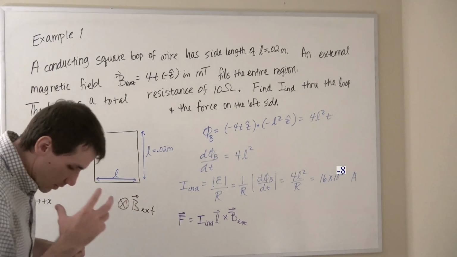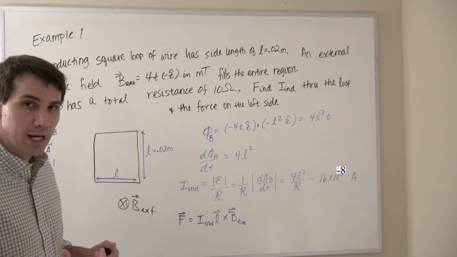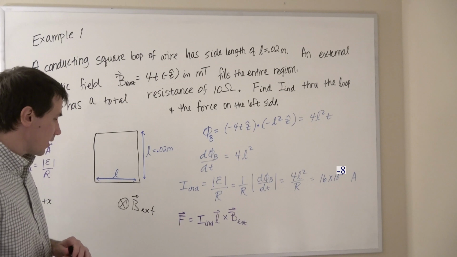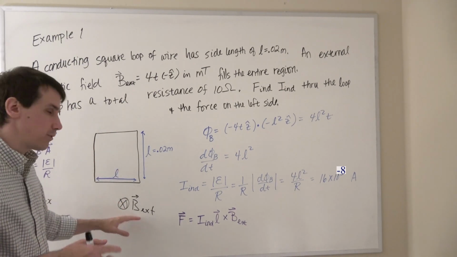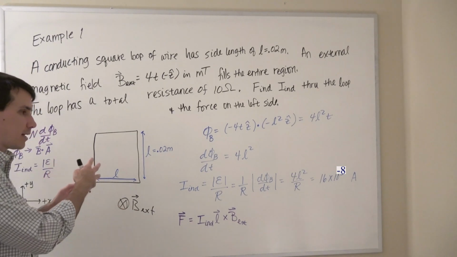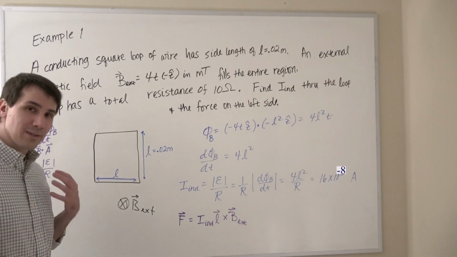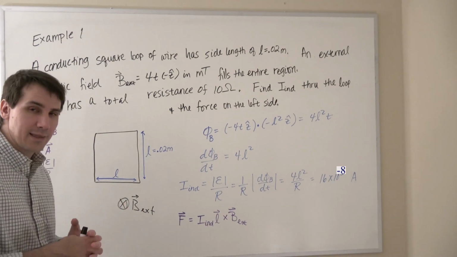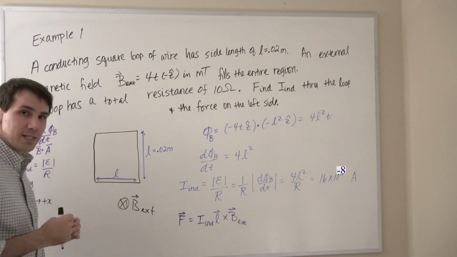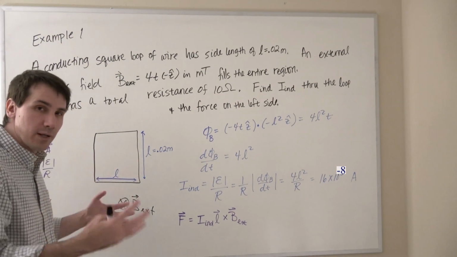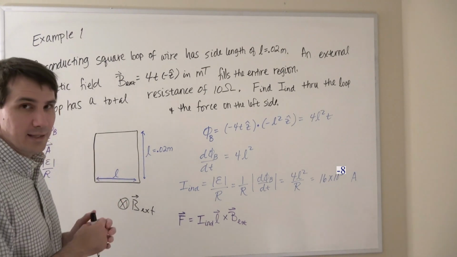Our Lenz's law rules state first that we find the direction of the magnetic field through the loop. Well, that is into the page. The external magnetic field through the loop points into the page. Our second step in Lenz's law says that we figure out whether the flux is increasing or decreasing in that direction. Well, the flux magnitude is clearly increasing into the page. I'm getting more and more magnetic field into the page, so my flux is increasing in that direction.